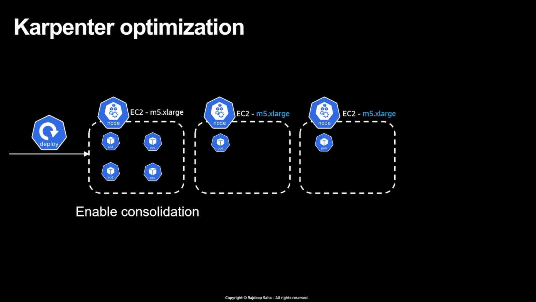Not only that, so let's consider another scenario. In this case, the second and third worker nodes are M5.extra large, and even if Karpenter bin packs these two pods into one EC2 instance, there will still be misuse of resources, right? Because still 50% of the EC2 will be not utilized.